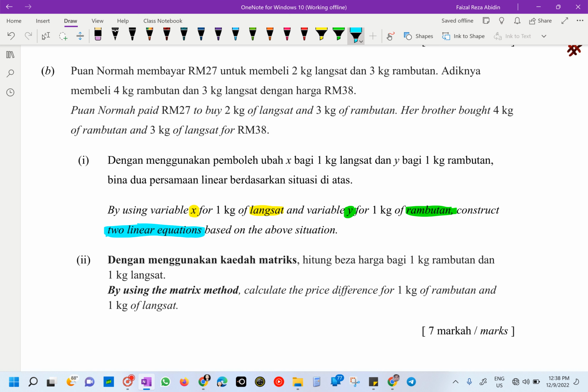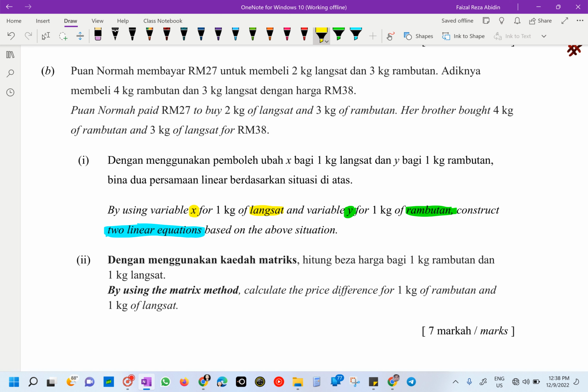If you cannot construct the linear equation over here, you cannot answer the question number 2 there. 7 markah kau? Tak. 7 here. Okay. 2 marks given over here if you give the correct 2 linear equations. Where we are going to have our linear equation from our situation there.